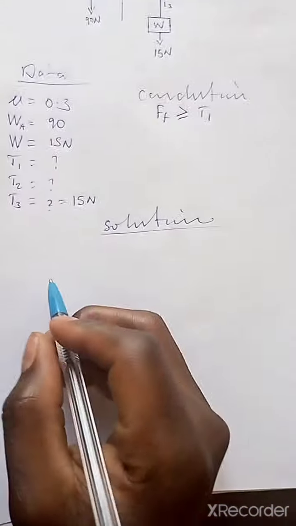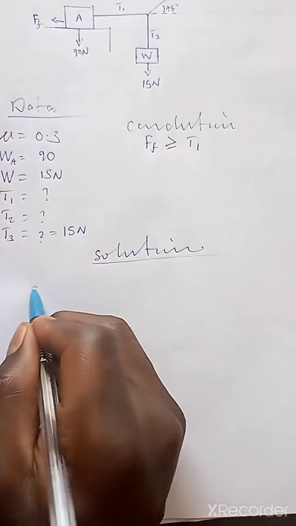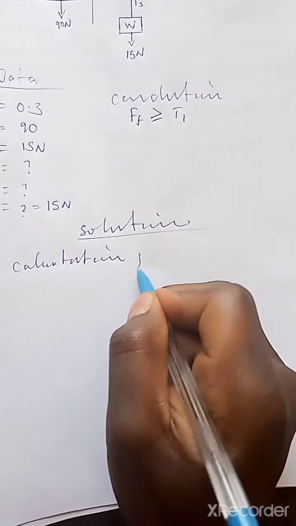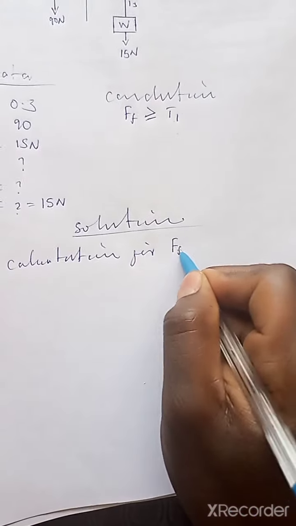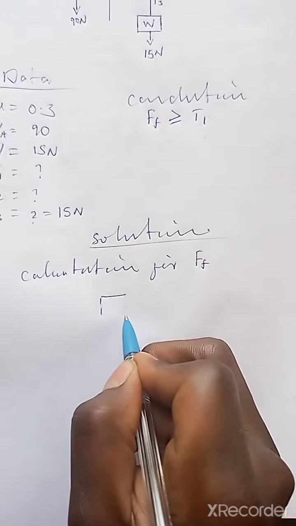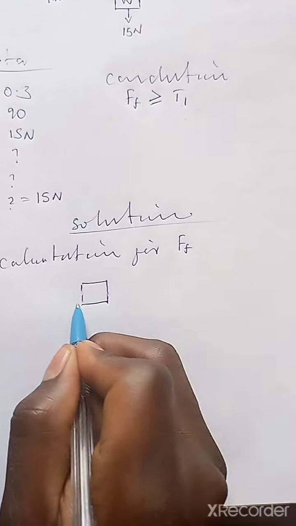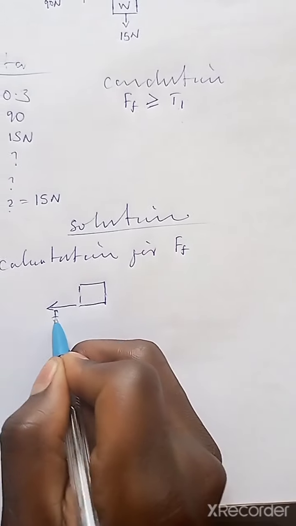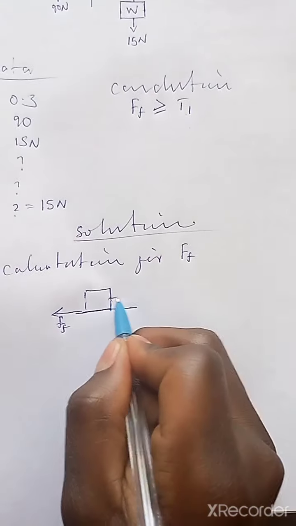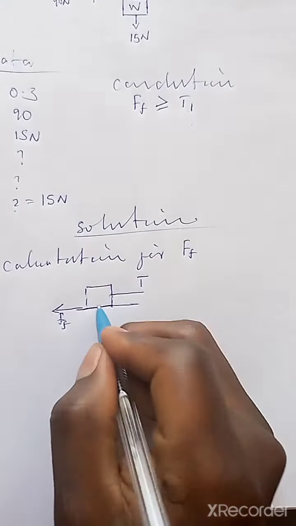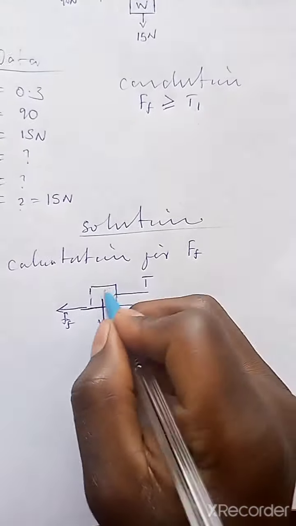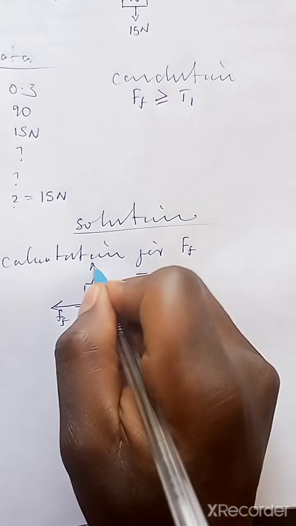Okay, so what we'll start with is the calculation for force of friction. If we look at the force of friction, we'll draw the system. We have the force of friction in this direction on the table, then we have T, and then we have 90, and we also have the normal.